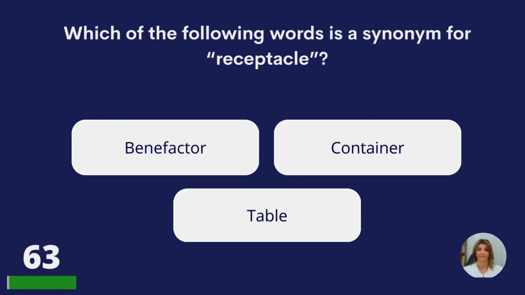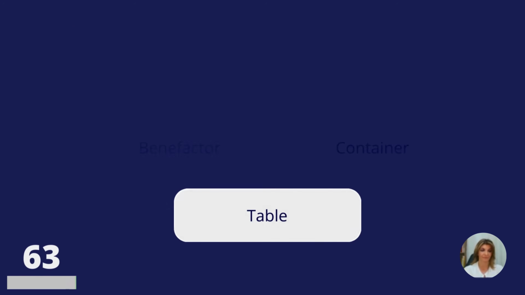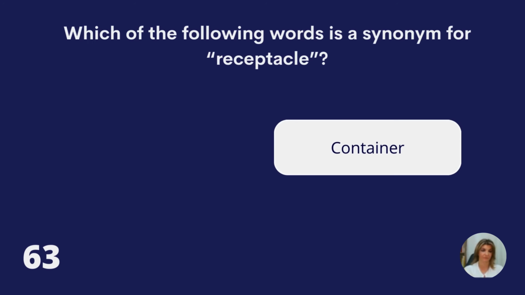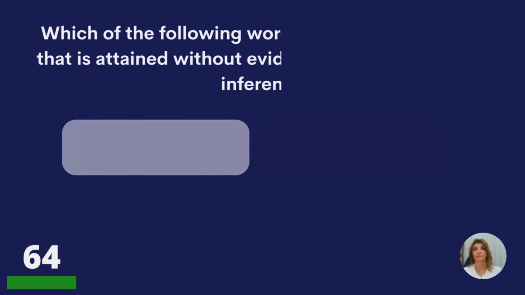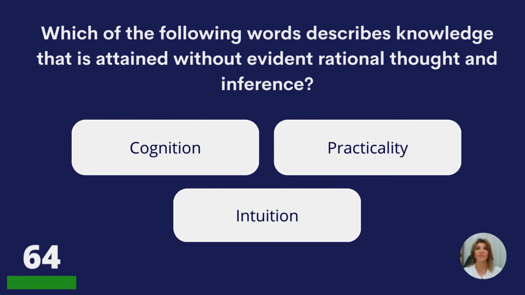Which of the following words is a synonym for receptacle? Benefactor, container, or table? Container. Which of the following words describes knowledge that is attained without evidence, rational thought, and inference?